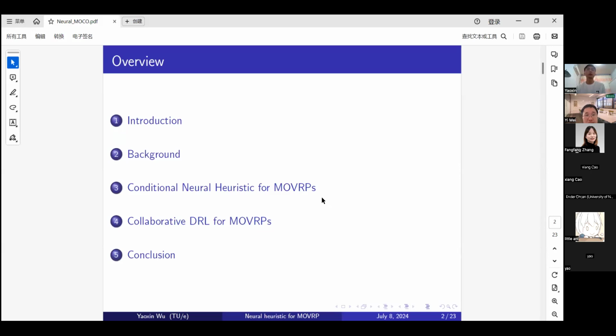First, I will give a brief introduction and some background, and then I will describe a conditional neural heuristic method, which is a transformer-based deep model to solve multi-objective weak routing problems. Then I will describe the collaborative deep reinforcement learning method, which is proposed in another work. And finally, I will give the conclusion.